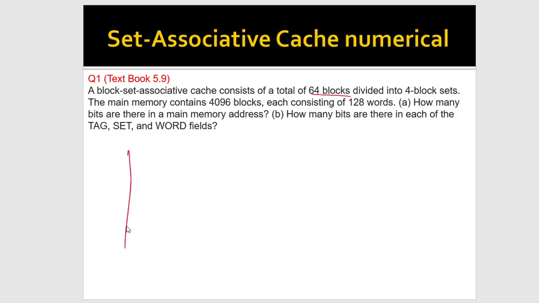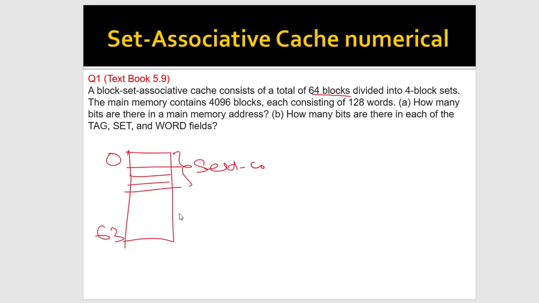The cache is 64 blocks, 0 to 63, with 4 blocks per set. 0, 1, 2, 3, so this is set 0. And the last, 64 by 4 is 16, so set 15, 0 to 15.